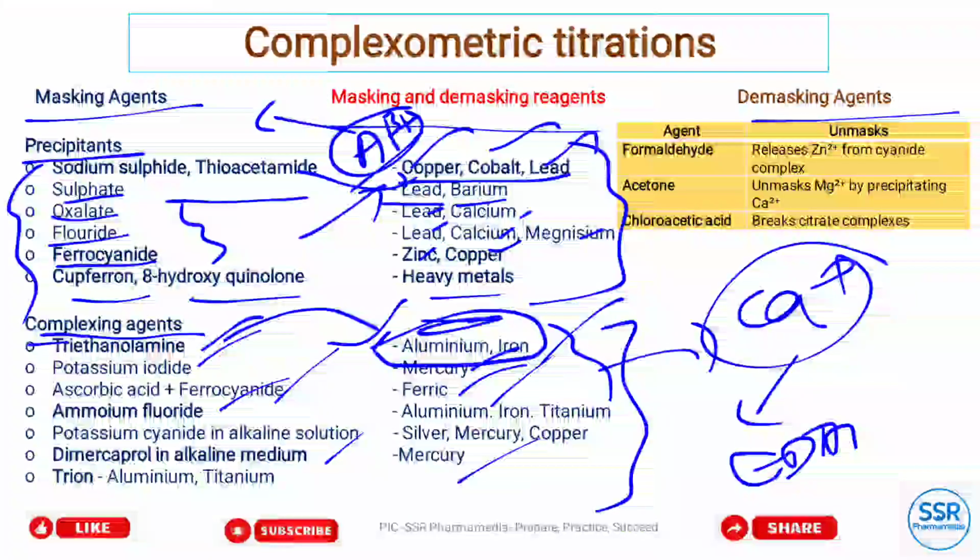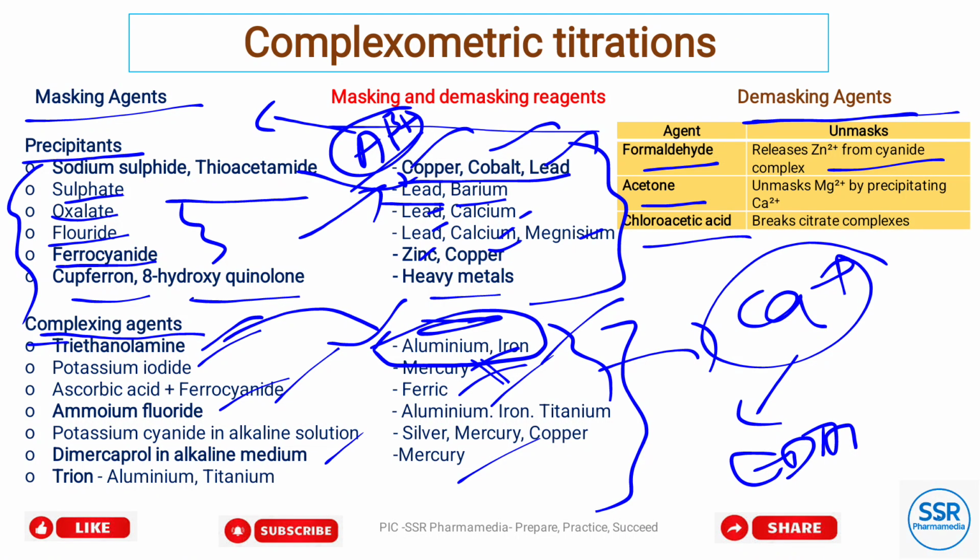After that we add the demasking agent to release these ions from their masked state. So these ions are again titrated with EDTA and we take the endpoint. Releasing the masked ion from its masking is called demasking. For example, formaldehyde releases zinc from the cyanide complex, acetone demasks calcium by precipitating calcium, and chloroacetic acid breaks the citrate complex. So these are the examples for demasking agents.